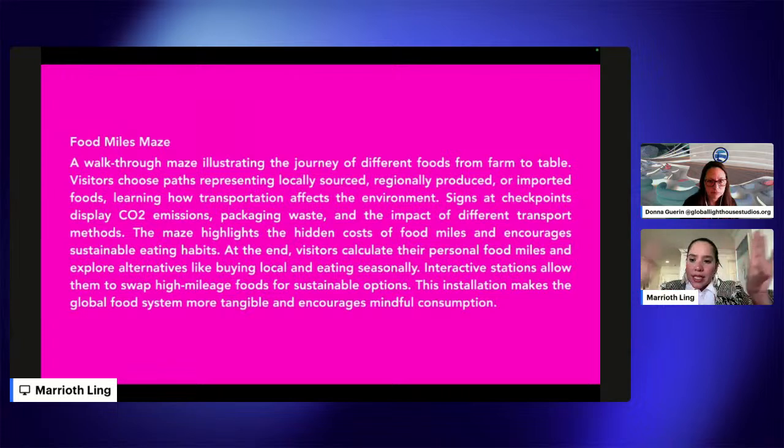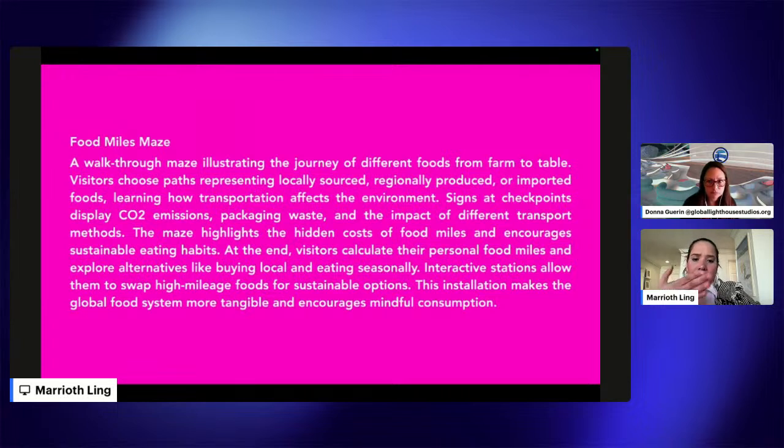Signs and checkpoints display CO2 emissions, packaging waste, and the impact of different transport methods. The maze highlights the hidden cost of food miles and encourages sustainable eating habits.